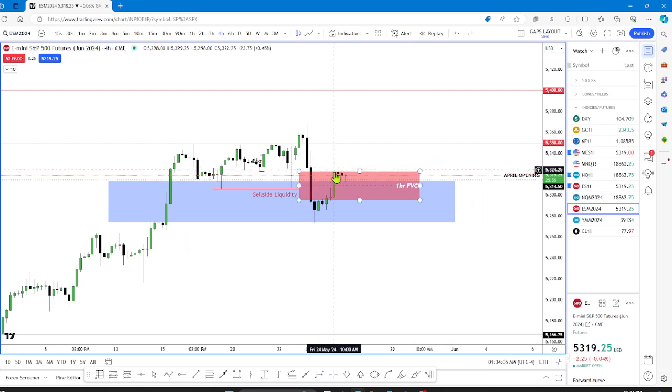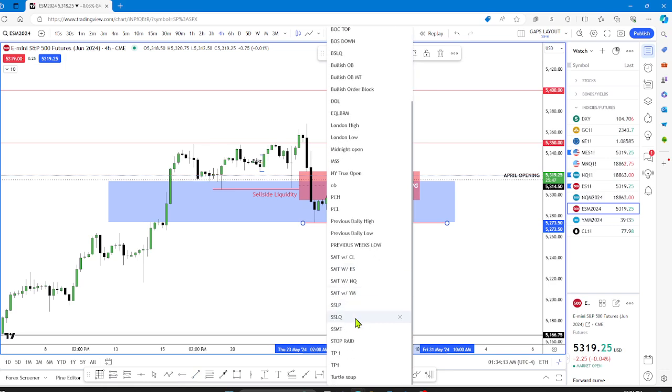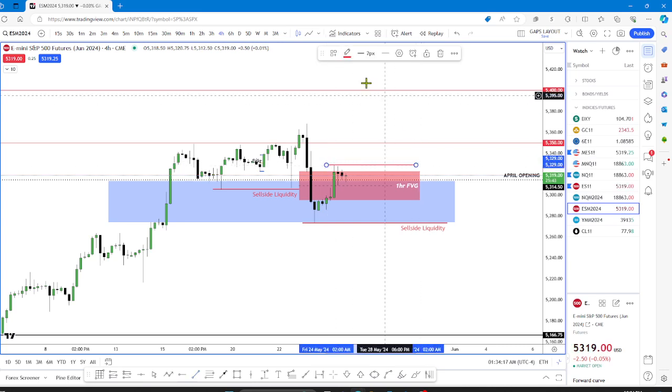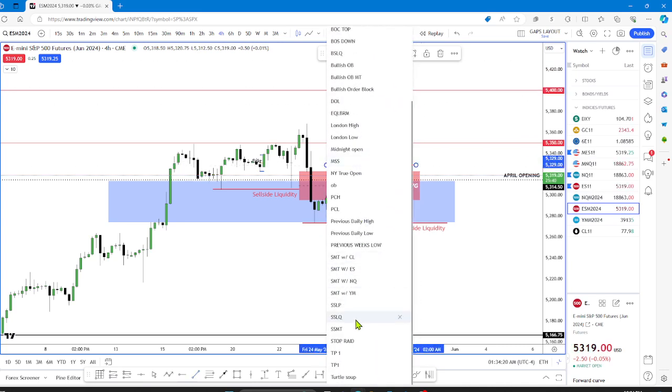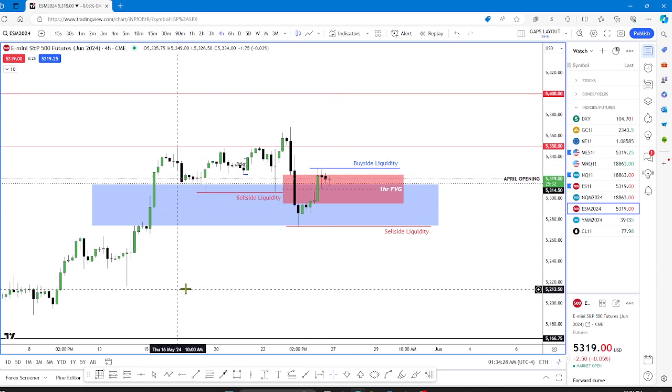So maybe wick above the highs and then continue lower. Some sell side beneath here. So sell side liquidity, internal buy side liquidity. Right. So maybe a manipulation lower to come higher, or vice versa.